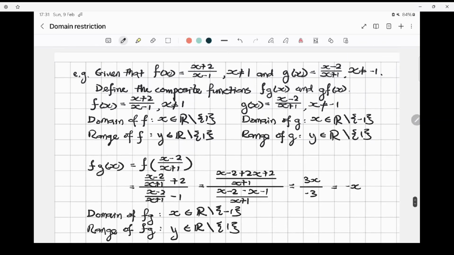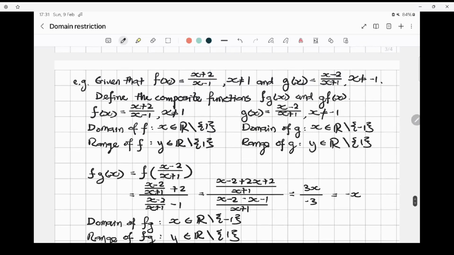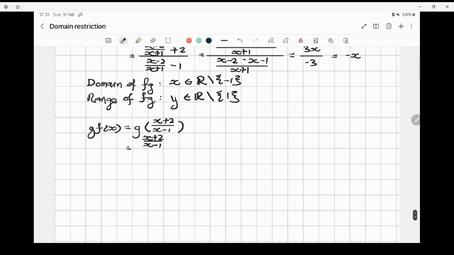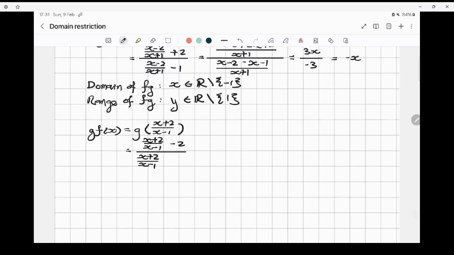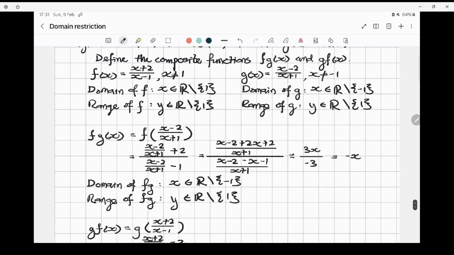So g will be x minus 2, so you have (x plus 2) over (x minus 1), minus 2, divide by (x plus 2) over (x minus 1), plus 1.